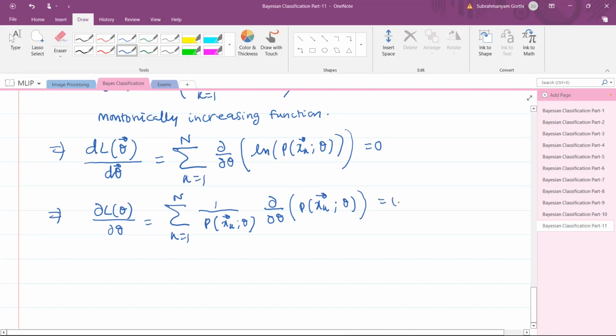Natural logarithm of x gives 1 by that function. Then for the inside I need to take one more derivative, so ∂/∂θ of this thing I am writing.